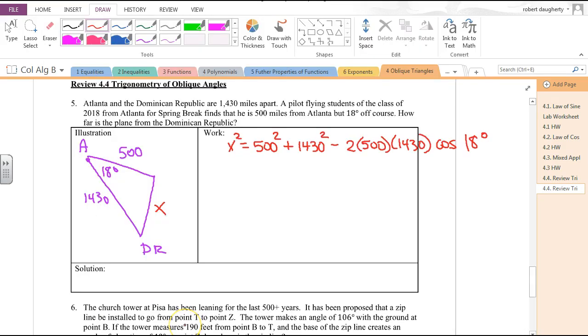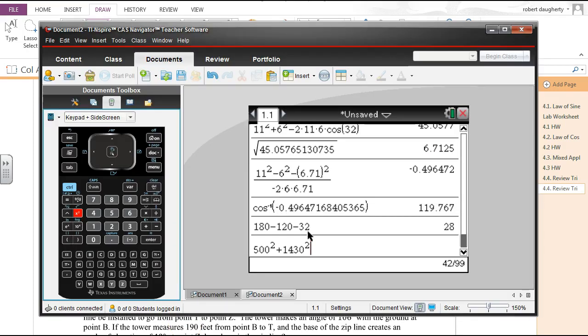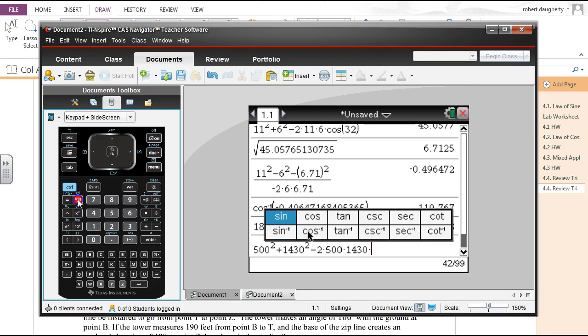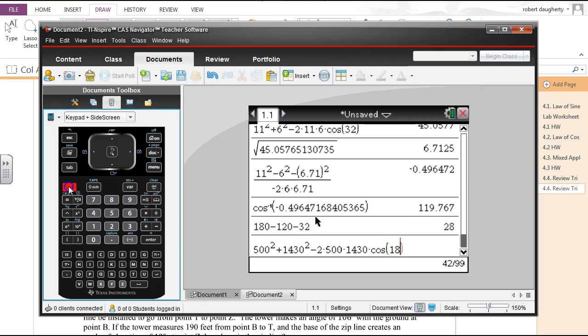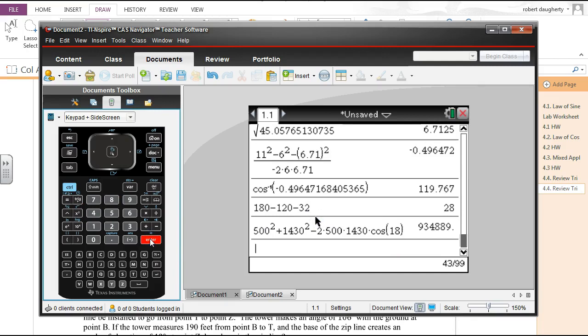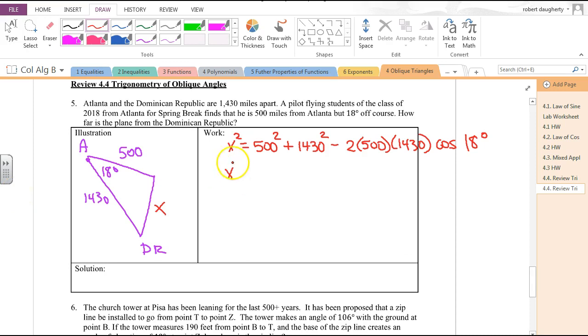Make sure that's the right number. Minus 2 times 500 times 1430 times the cosine of that 18-degree angle, and that is 934,889. So x squared equals 934,889. So x is going to be the square root of that.